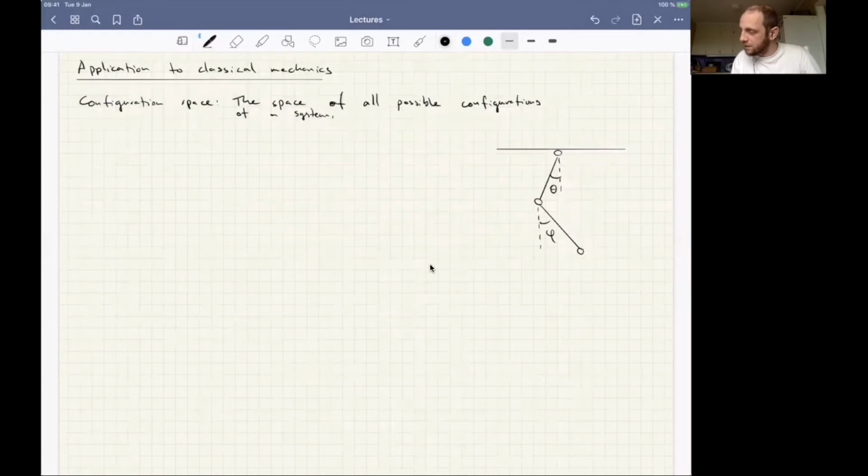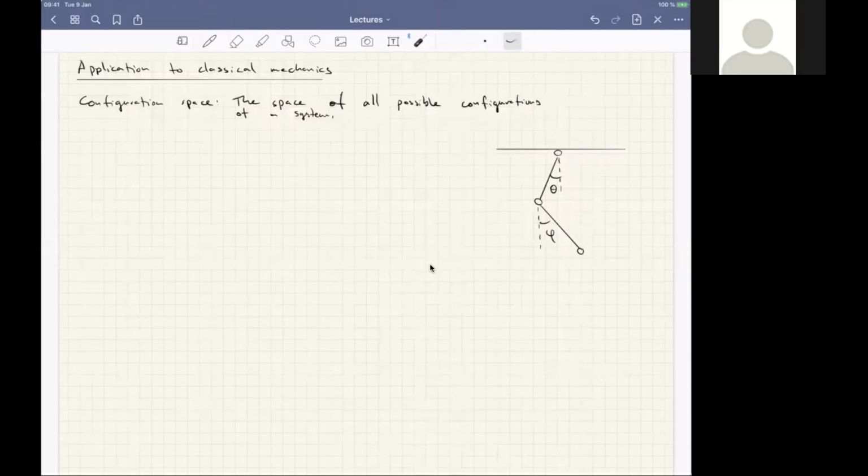But in this case, what happens if phi, this lower mass here, goes around the full lap? Then I come back to the same position, right?